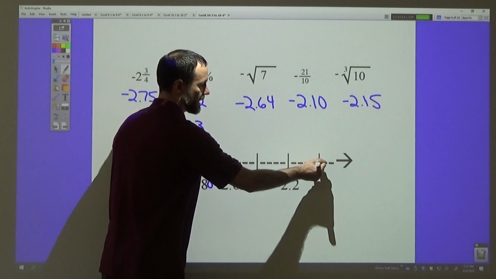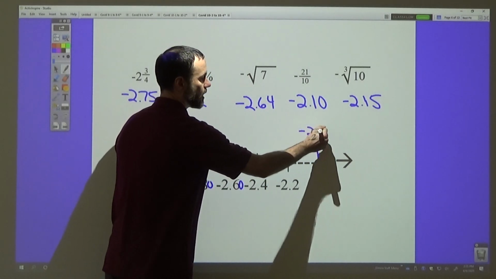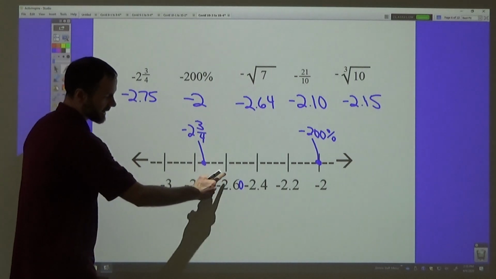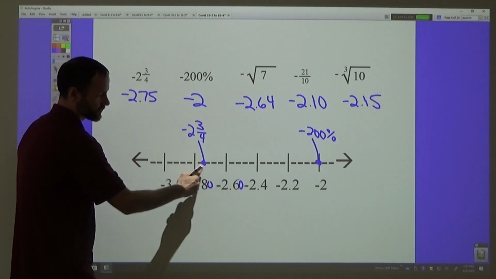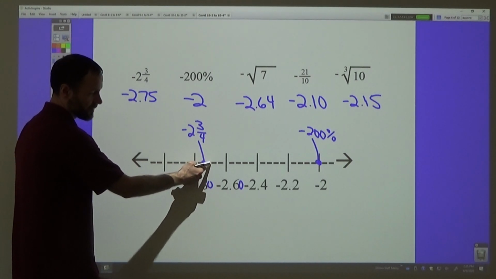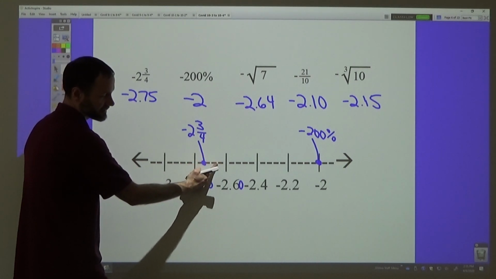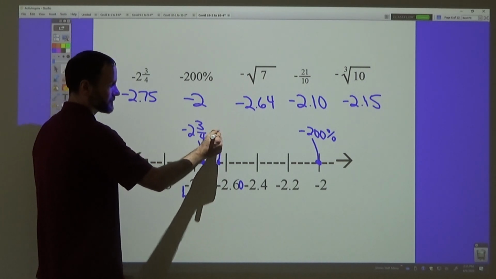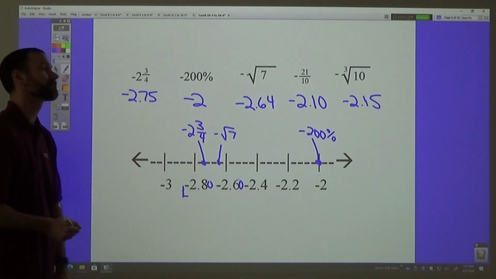Negative 2, there's already a line for it, so negative 200% goes here. Negative 2.64, negative 2.6 is right here. It's in between negative 2.6 and negative 2.8. Negative 2.7 would be right in between here. Negative 2.65 would be in between these two. So negative 2.64 approximately right there.